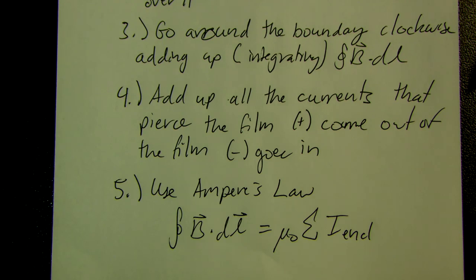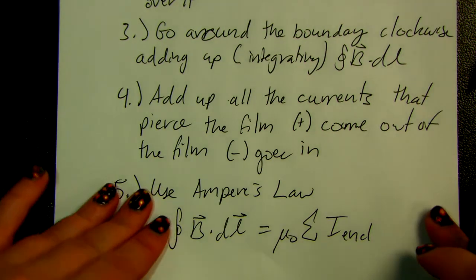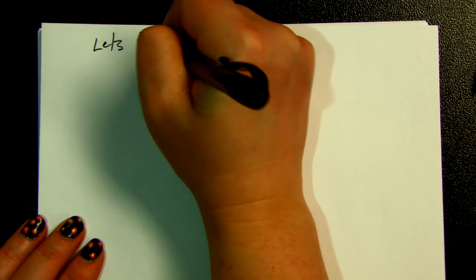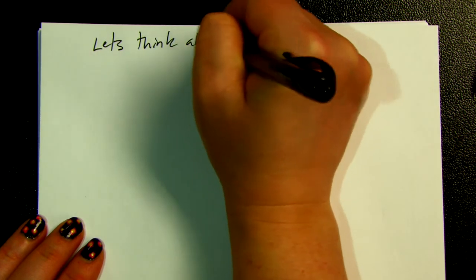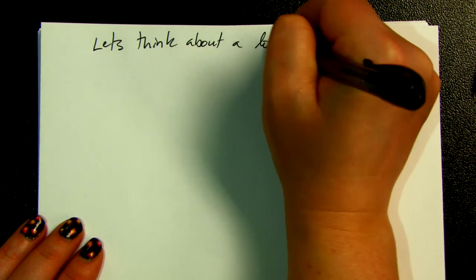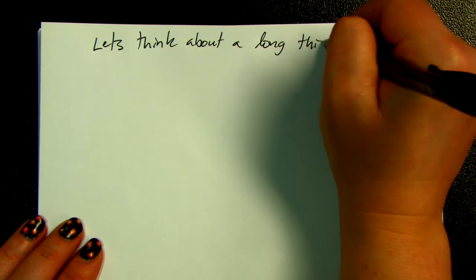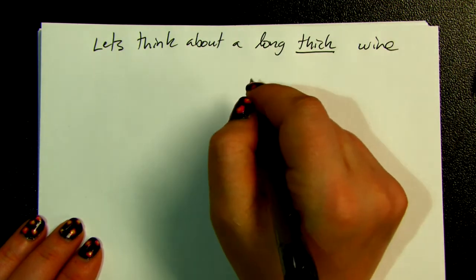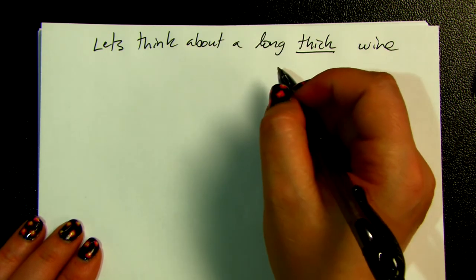Okay, so now that we know the steps, let's try it out. So this time we're going to look at a long, thick wire. All right, so far we've only done thin wires.